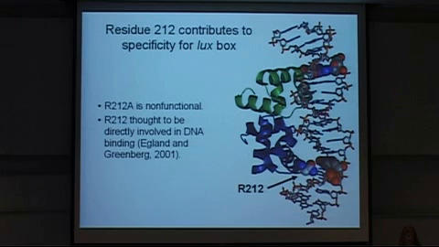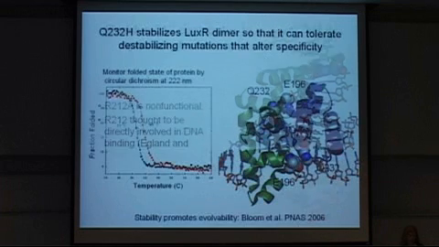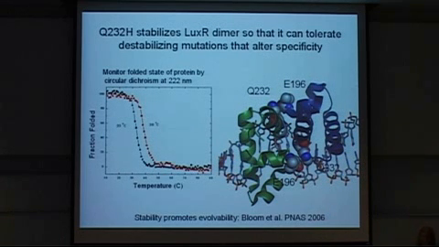When Greenberg's lab did alanine mutagenesis, they found that when position 212 went to alanine, it didn't work. The other mutation we found, at position 232, we weren't sure exactly what that was doing, but after purifying the protein and comparing the melting of the protein by CD spectroscopy, it appears to stabilize the protein substantially, so it can tolerate more mutations.